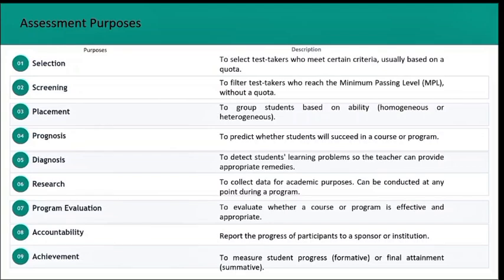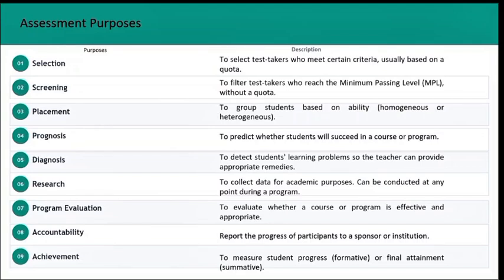And the next, prognosis: to predict whether a student will succeed in a course or program. And then next, diagnosis: to detect student learning problems so the teacher can provide appropriate remedies. And then research: to collect data for academic purposes, which can be conducted at any point during a program.